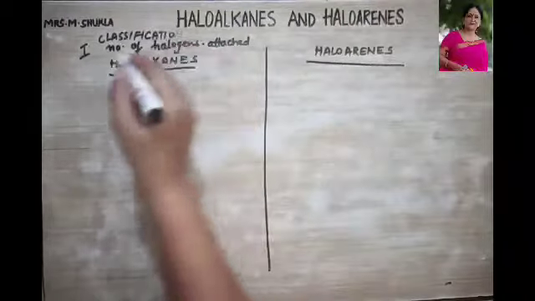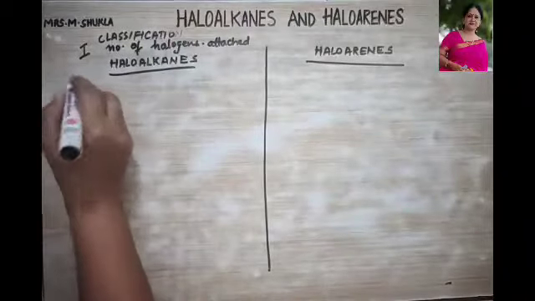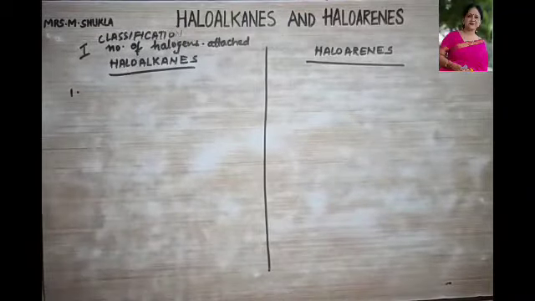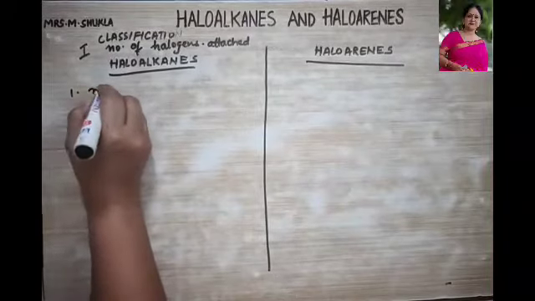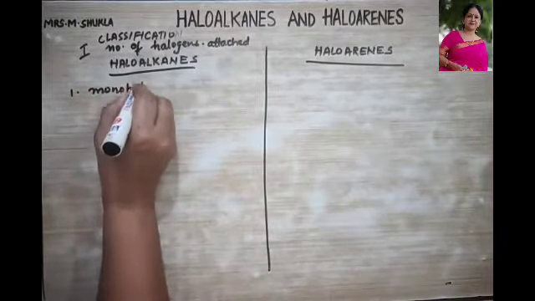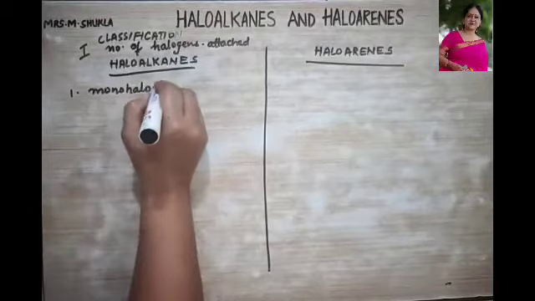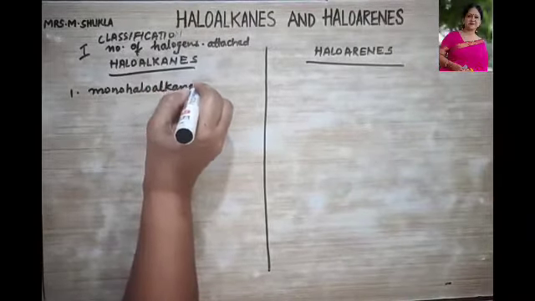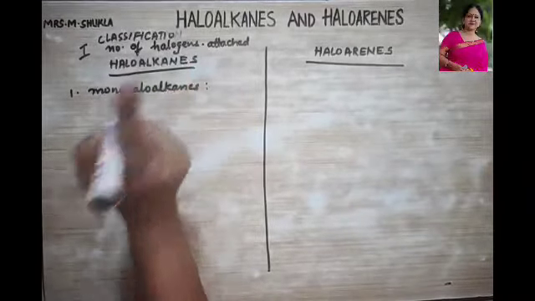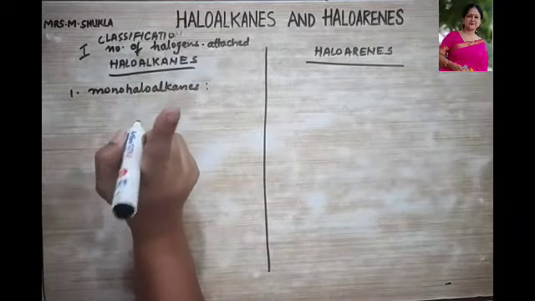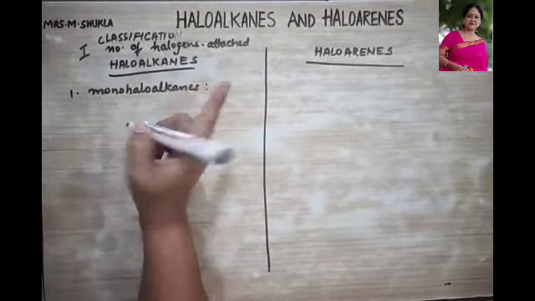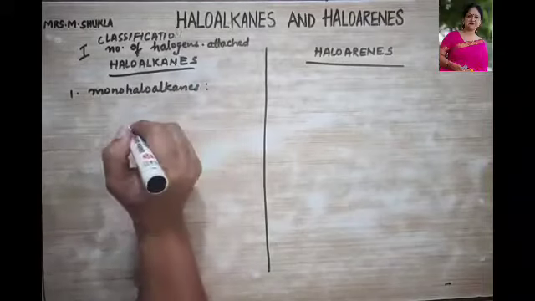Under number of halogens attached, we come to the first kind, monohaloalkanes. What do they mean? When a straight chain compound has only one halogen, it is called a monohaloalkane.